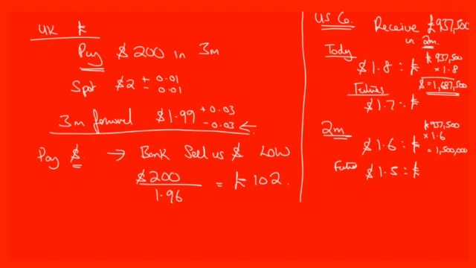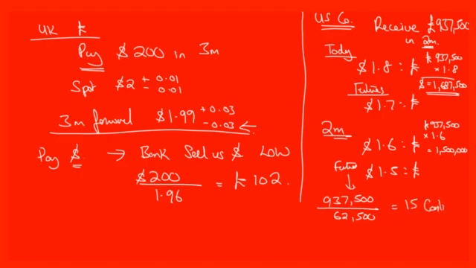But the good news is we bought this future. In terms of the futures, remember they're standard contracts of £62,500. So 937,500 divided by 62,500, we would have had 15 contracts.